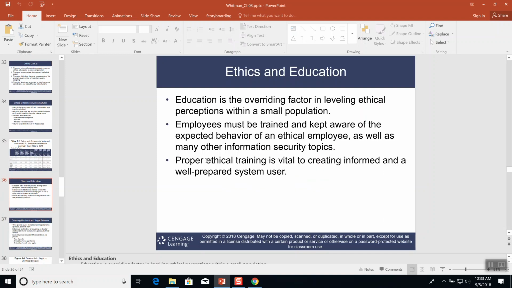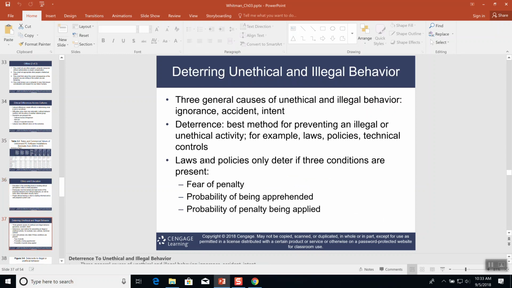Let's see. Education's the overriding factor, leveling ethical perceptions. Three general causes of unethical and illegal behavior: ignorance, accident, intent. There's deterrence, if you think you can go to jail. What do people think they can do on the internet and nobody knows?